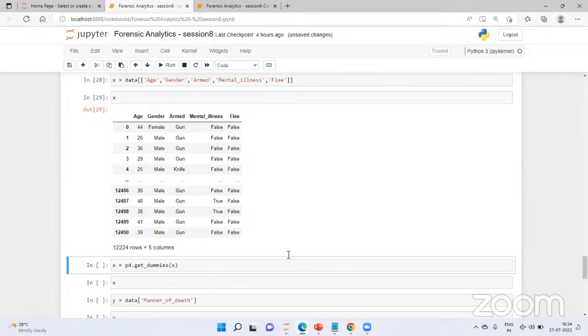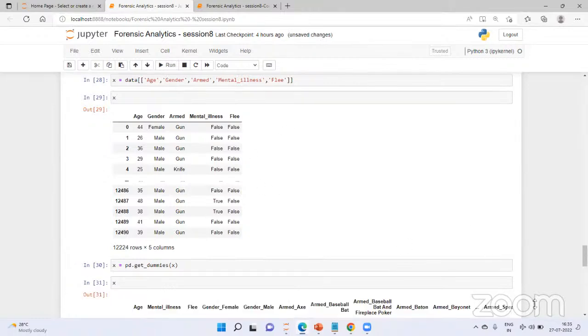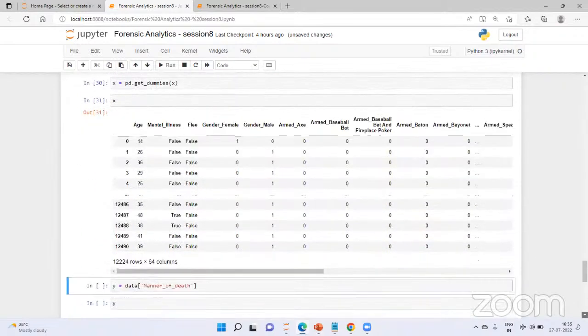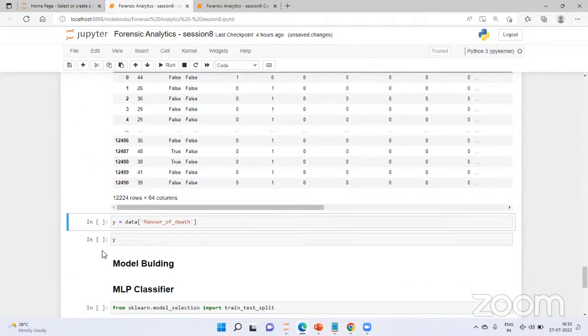Now, anyway, I have some categorical columns, so I want to convert them by creating dummies. Dummies are created. Now what will be the output? The output is manner of death.